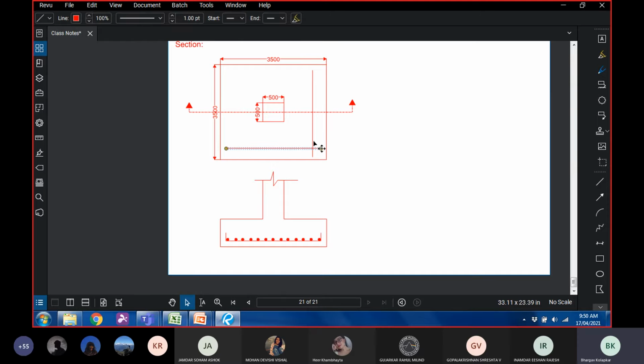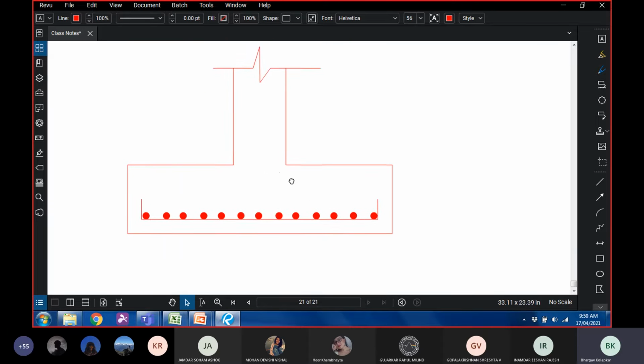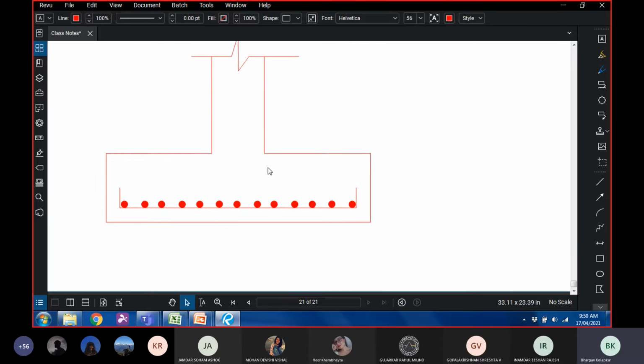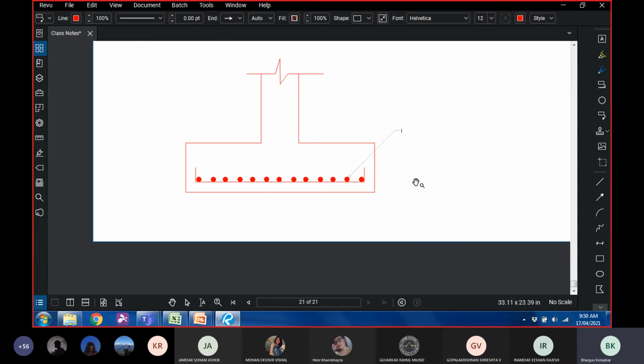Okay, so just a few more details to add here. First is, of course, how much reinforcement that you are providing. So we are providing 48 number, 25 mm diameter both ways.